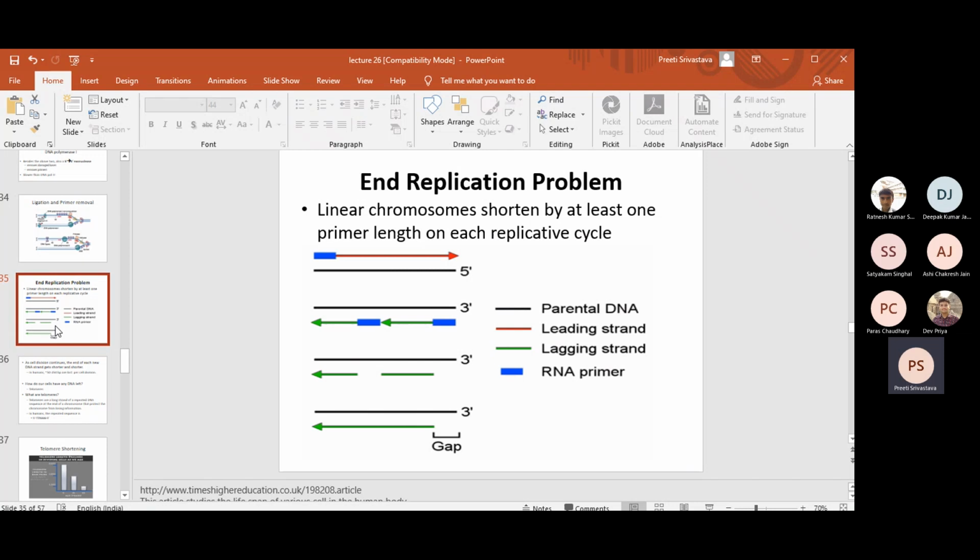Yes, ma'am. Right. So this end replication problem is the problem which is there with linear chromosomes. If you have understood the process of DNA replication, when the chromosome is circular, class, you have a leading strand and a lagging strand synthesized, right? And in the lagging strand you have Okazaki fragments synthesized, and the length of these Okazaki fragments for bacteria is roughly in the range of 1000 to 2000 base pairs.